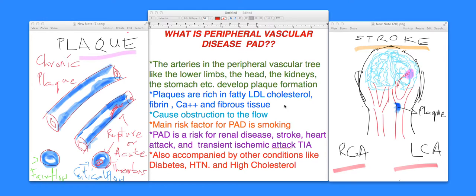So that was a point of discussion in this video. I just wanted to bring that point out, that PAD is not to be forgotten, because peripherally you can involve all the vital organs from head to toe, and arterial groups which are involved have plaques in them, and the plaques are critically important or significant. Then one can really have obstruction to the flow, and as a result, patients will manifest with all the symptoms. And we'll discuss individual arterial groups at a later time.